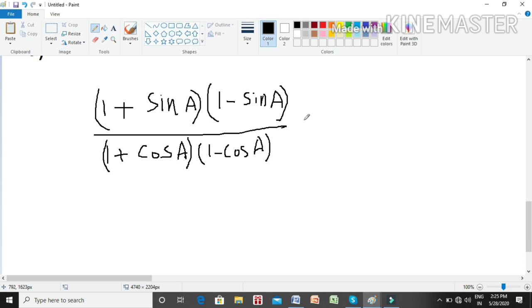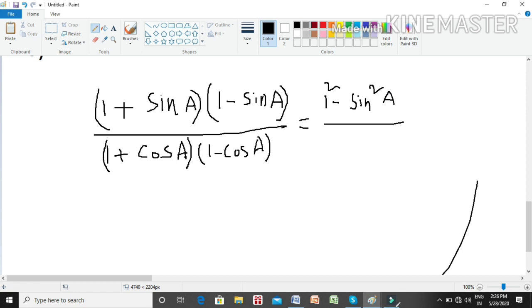Now we know the algebraic identity (a plus b) into (a minus b) equals a square minus b square. We are going to apply this here. Let us suppose 1 is a and sin A is b. So that will be a square minus b square, which means 1 square minus sin A whole square, or we can even write it as sin square A.